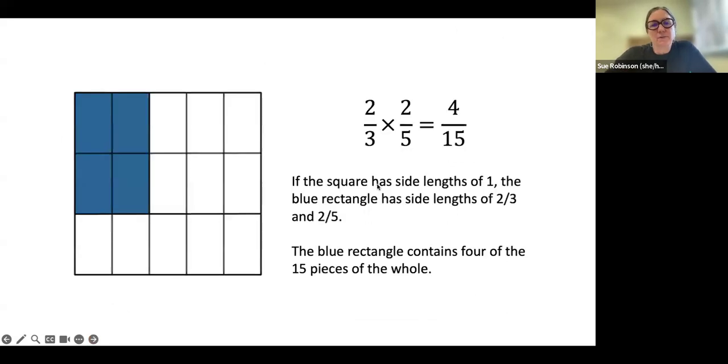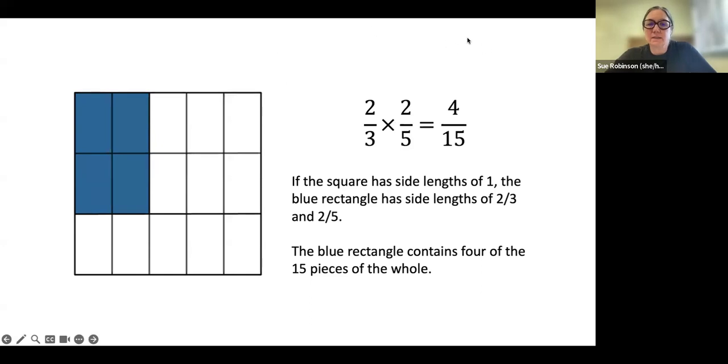Or we could look at this in a different way, and we could say, okay, if our rectangle has a side length of 1, where would 2/5 be? Where would 2/3 be? And think of this as an area model. So what is 2/3 times 2/5? Well, I'm going to shade in the little tiny rectangle that has those 2 side lengths. And so now our blue area, which has the same space as those other 2 rectangles, is now our 4/15.